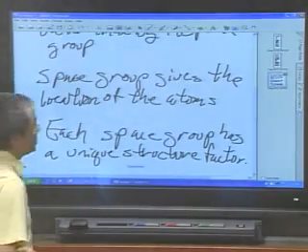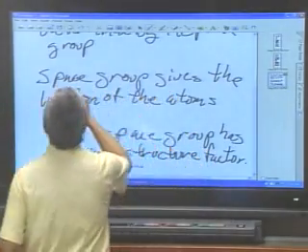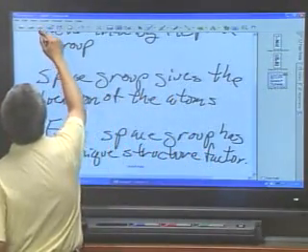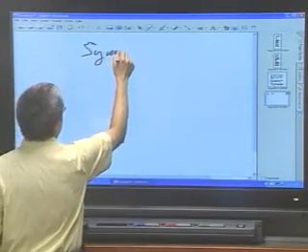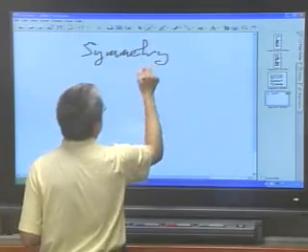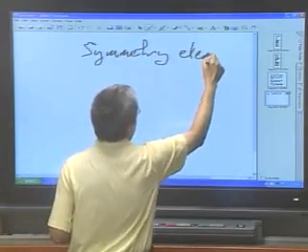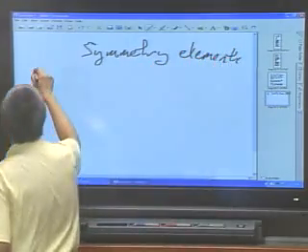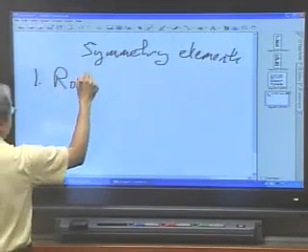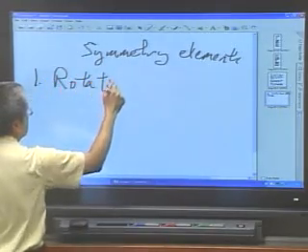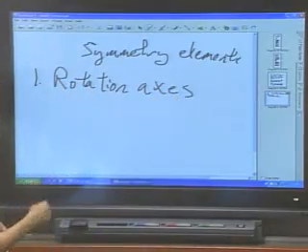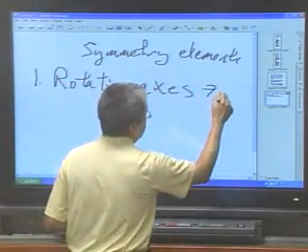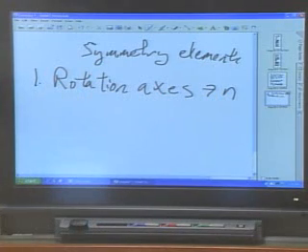So what are these symmetry elements? Maybe I should start a new page for this as well. There are three types of symmetry elements that we'll deal with in the class. The first one is the rotation axes. For the rotation axis, it's given with a number, which for now I'll just call n.